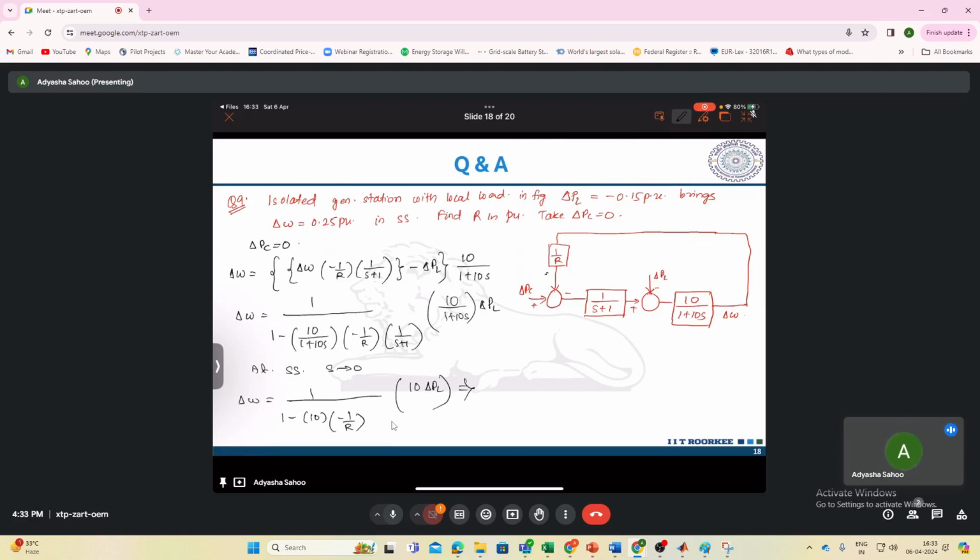So delta omega is given as 0.25, which is 10 into delta PL, 10 into minus 0.15, over 1 plus 10 by R. So 1 plus 10 by R is equal to 10 times minus 0.15 divided by 0.25, it is minus 6.